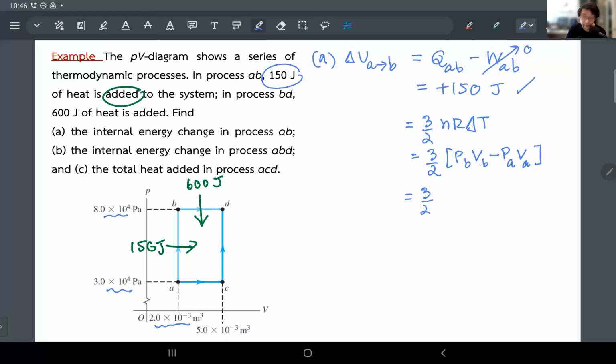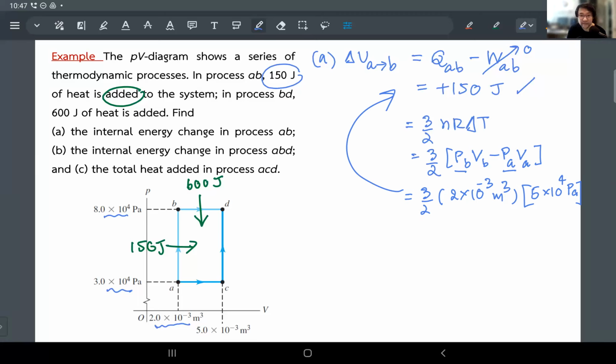And then I multiply by the change in the pressure between B and A, which is only 5 times 10 to the 4th Pascal. That's the number your friend just gave. And for good problems like this, these numbers end up the same as 150. So this is a good one. Not my previous one, which was inconsistent between the PV diagram and the given numbers in the question.